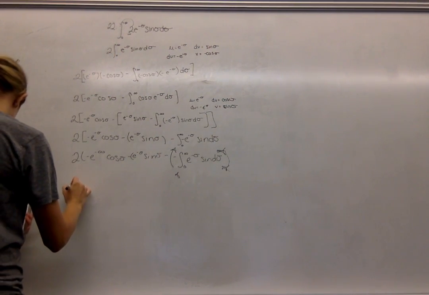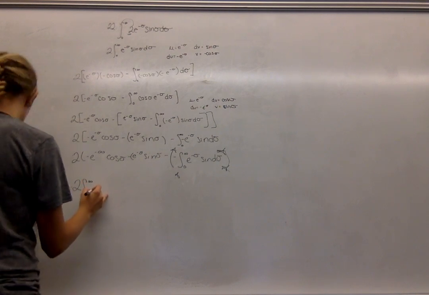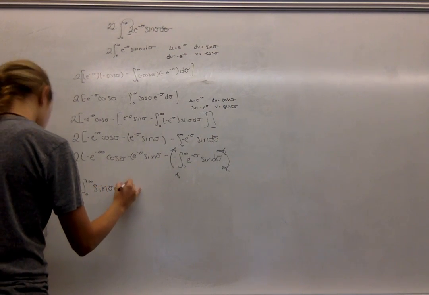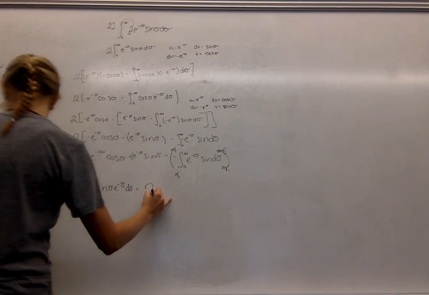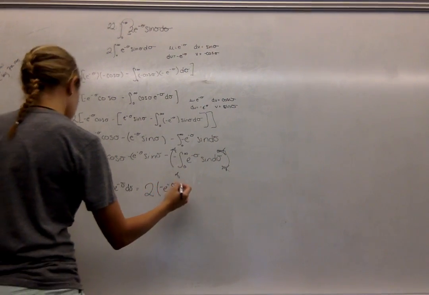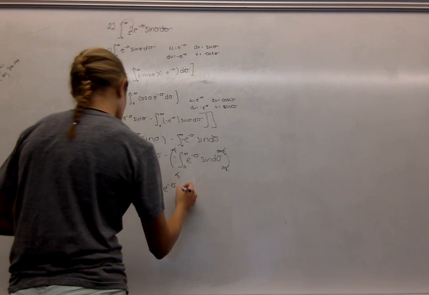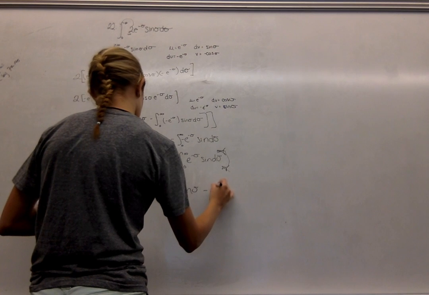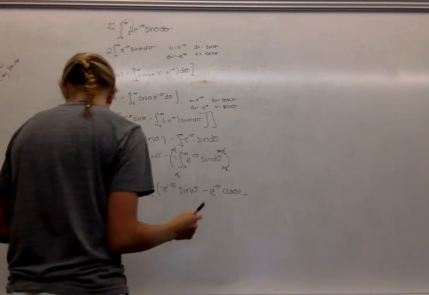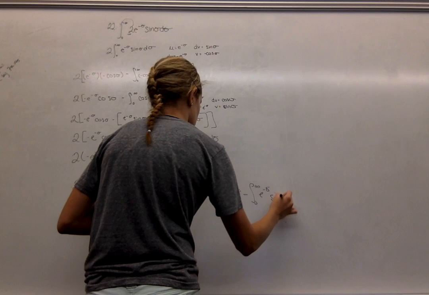So we see that 2 times the integral from 0 to infinity of sine theta e to the negative theta d theta is equal to 2 times negative e to the negative theta sine theta minus e to the negative theta cosine theta minus the integral from 0 to infinity of e to the negative theta sine theta d theta.